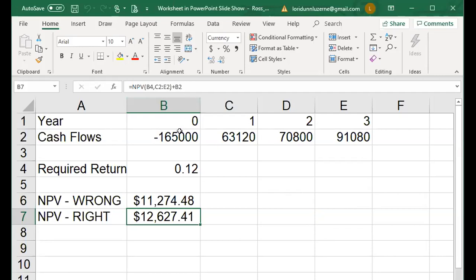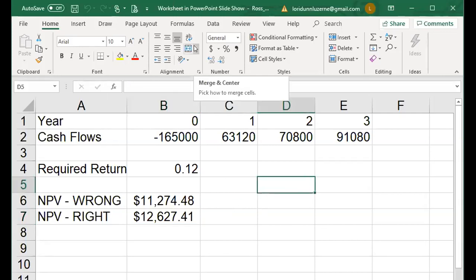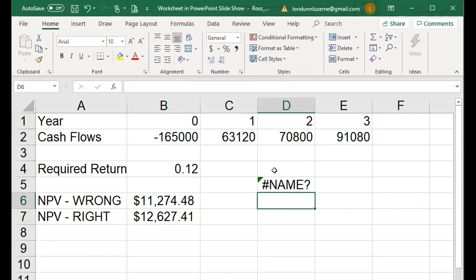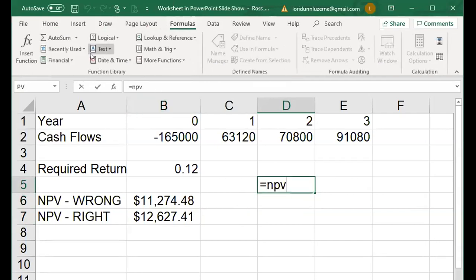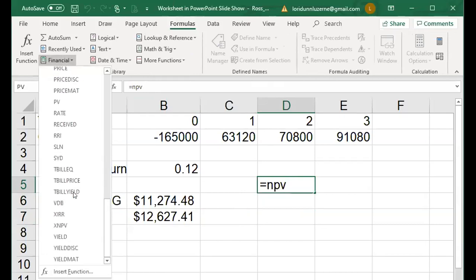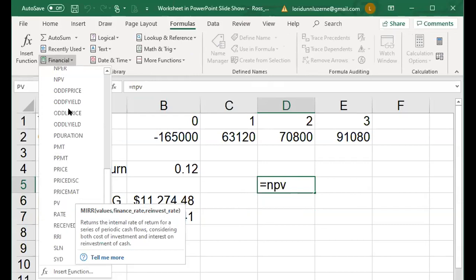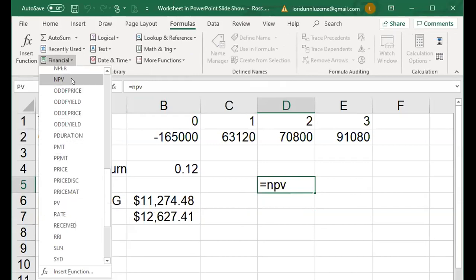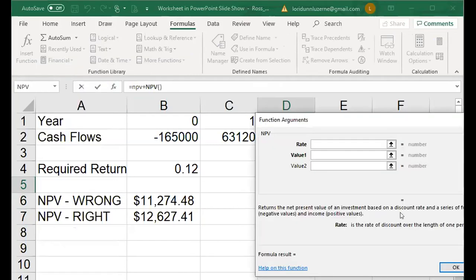And then we show the amount that's the investment today. So let me show you the formula dialog box. Let's do it this way. Go here, financial, NPV. There it is.